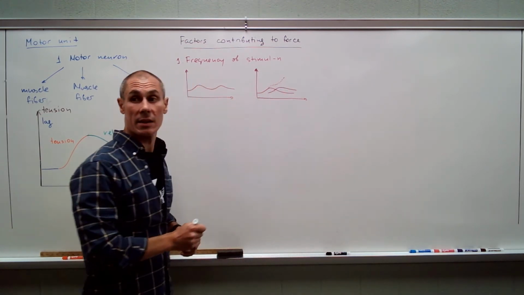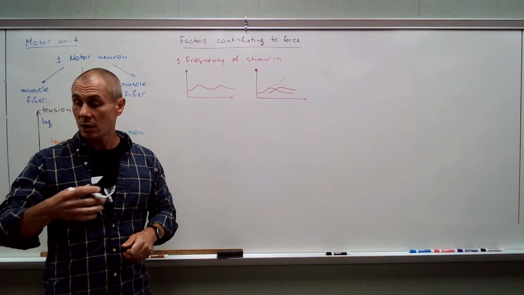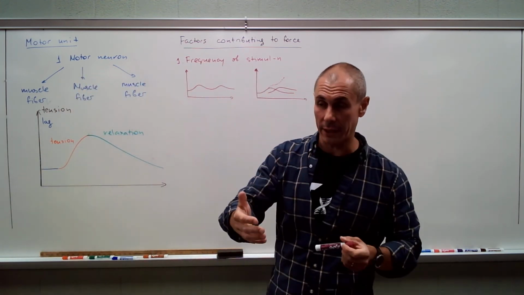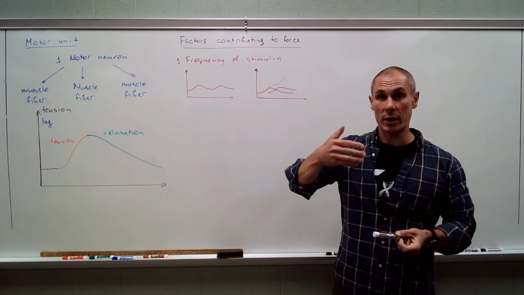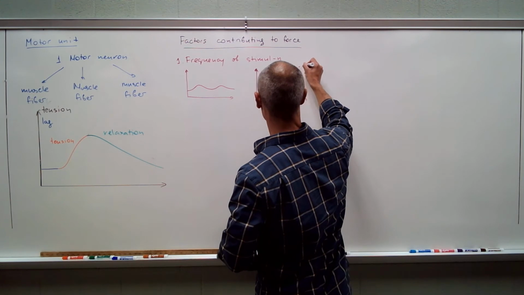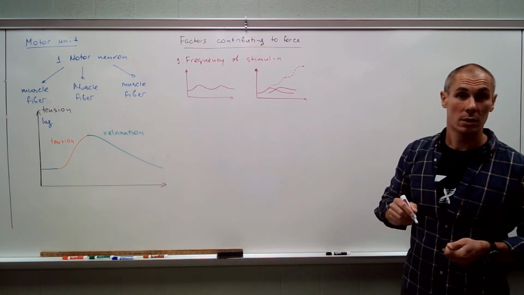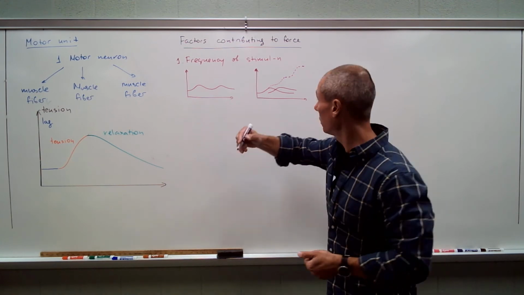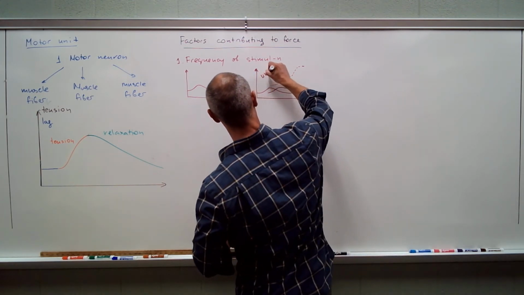So what you're going to observe is something like that. And if you keep overlaying the twitches, if the action potential arrives with increased frequency, you're going to have this. So the force of contraction will grow. This is called unfused tetanus.